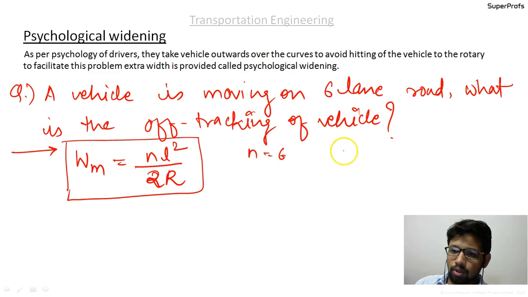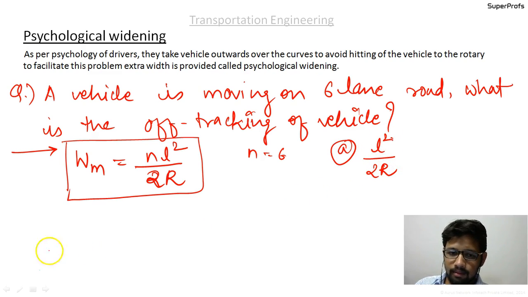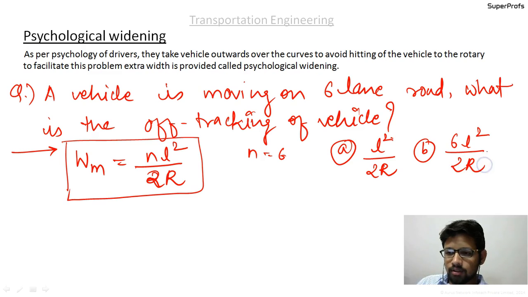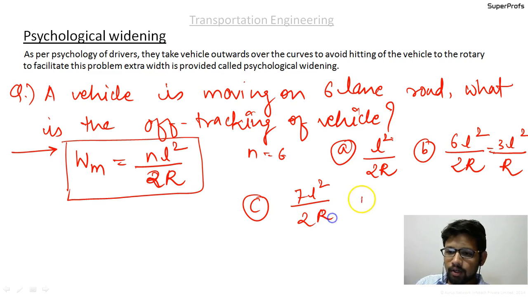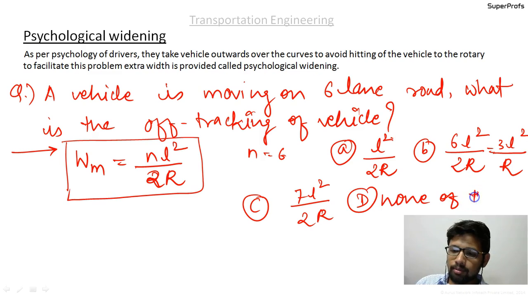Option A is L square upon 2R. Option B is 6L square upon 2R, or maybe you can say 3L square upon R. Option C is 7L square upon 2R, and option D is none of the above.